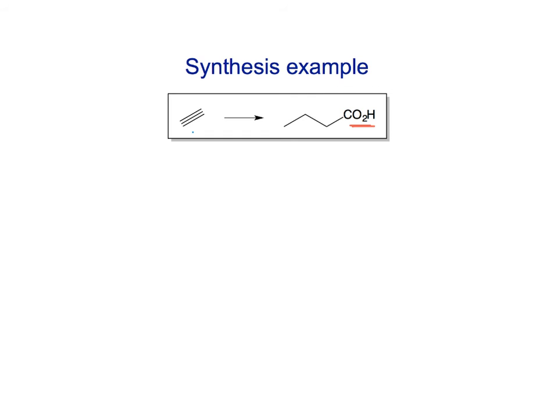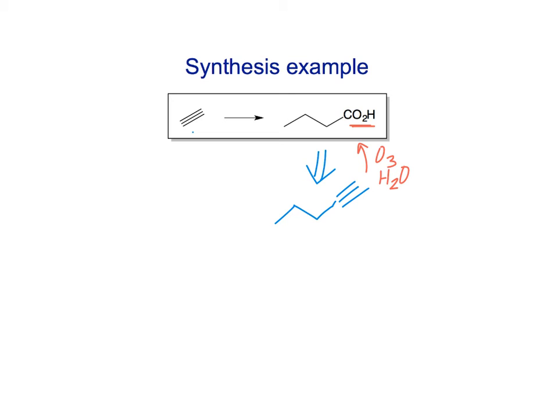All right, so one way that we've seen in this chapter is the oxidative cleavage of an alkyne. So if we have this alkyne and we use ozone in water, remember it cleaves that and oxidizes that to the carboxylic acid, and it gives off CO2.